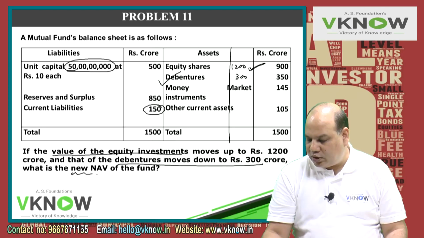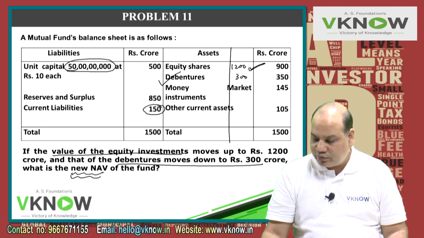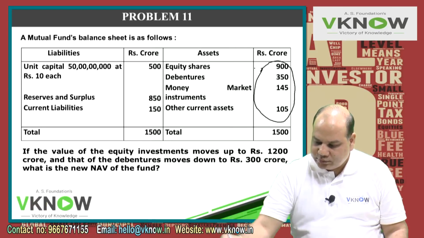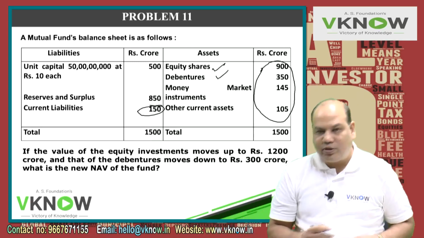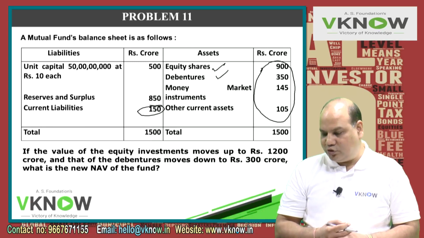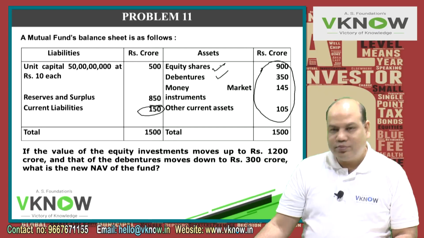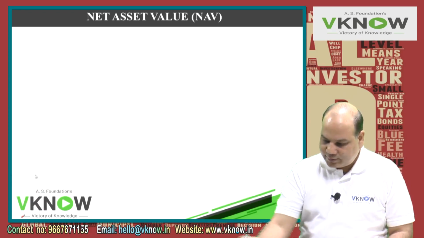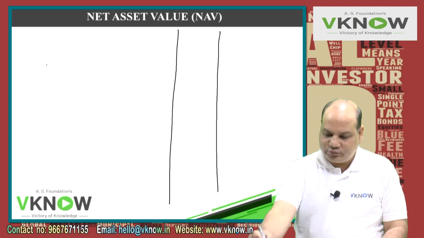What is the new NAV? New NAV means I have to find first old NAV also. So I will compute based on this data and based on revised data where equity share and debenture value will change. Do you agree? So whether you agree or not, write calculation of NAV. 2 columns on the right side.